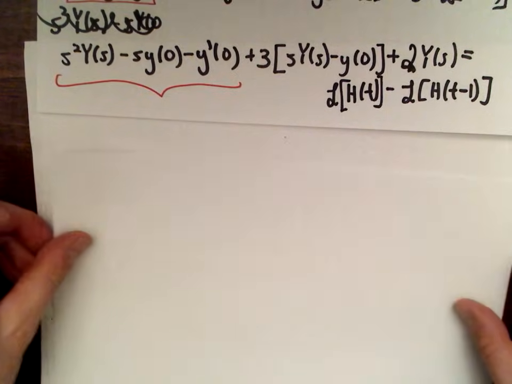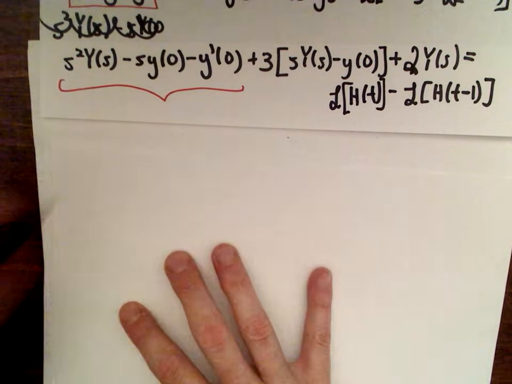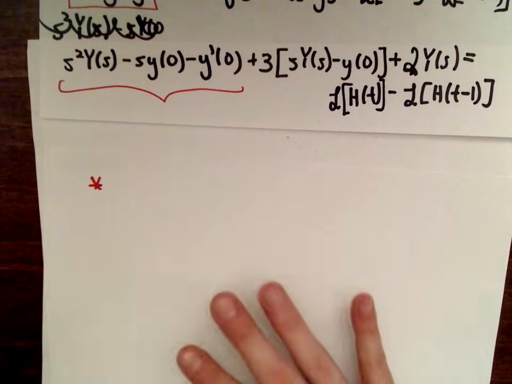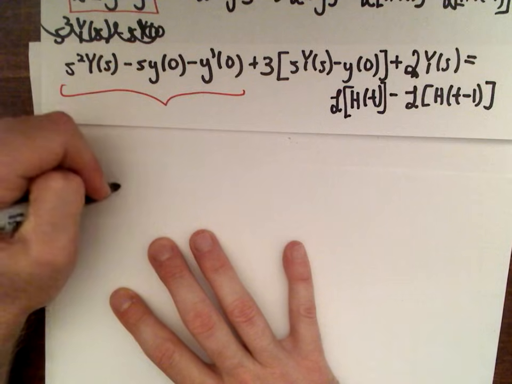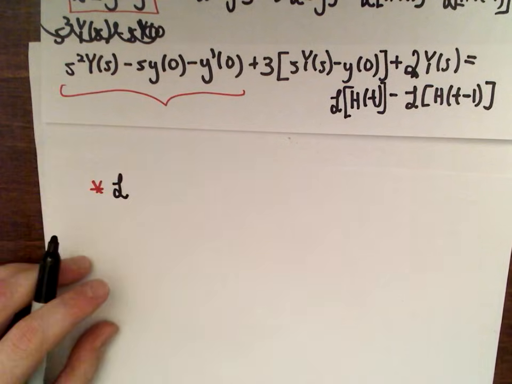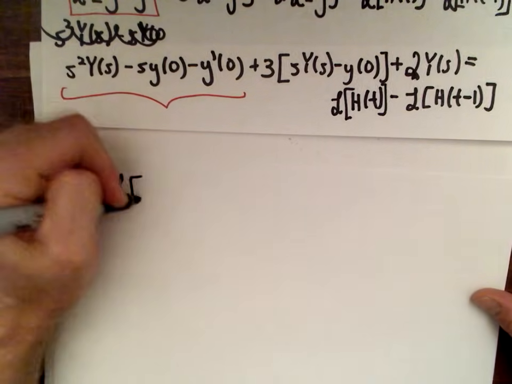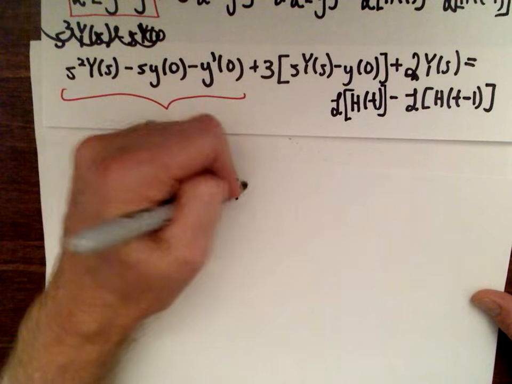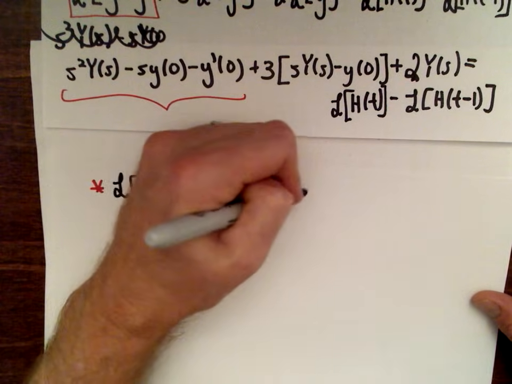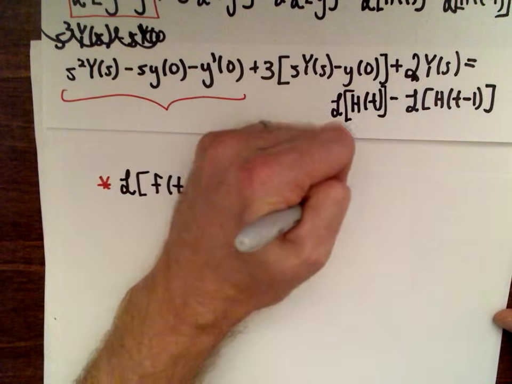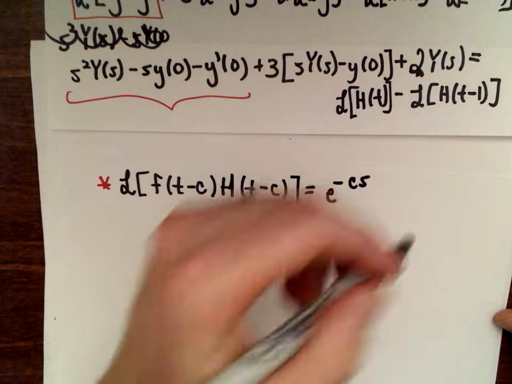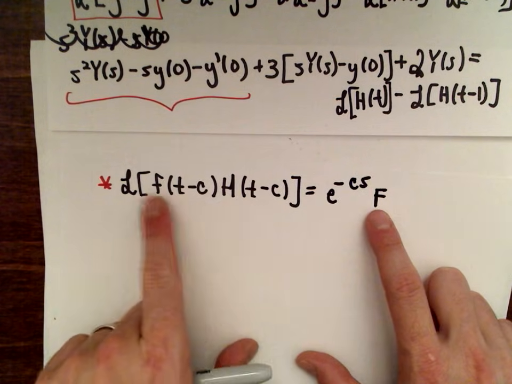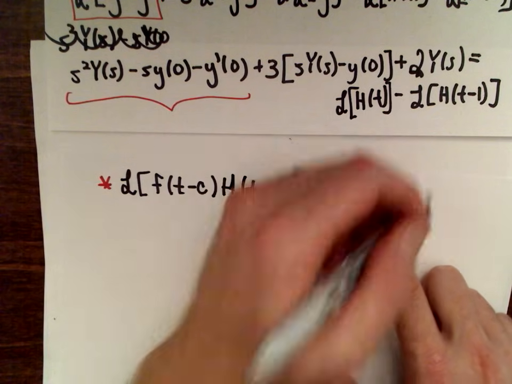One of the formulas for Laplace transforms and Heaviside functions, because that's what we're doing here: the Laplace transform of some function f of t minus c multiplied by h of t minus c is e raised to the negative c multiplied by s, times the Laplace transform of our function little f, which gives us capital F of s.